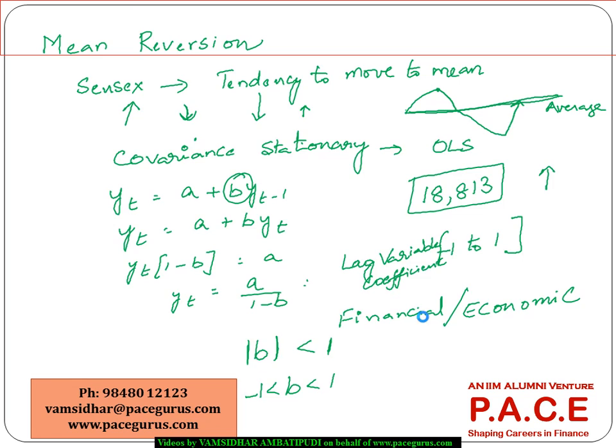If it is not covariance stationary, I should look out for whether it is going to exhibit some kind of random walk behavior. So basically if it is exhibiting some kind of a random walk, all we are trying to say is yt will be the same as yt minus 1 plus some kind of an error term.